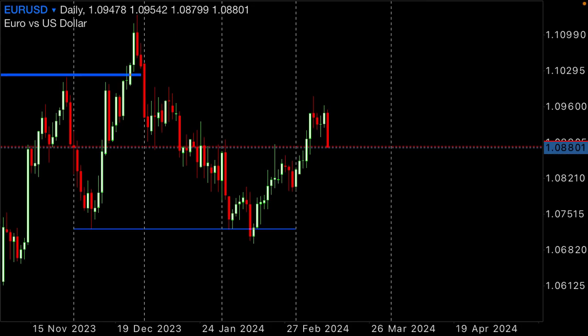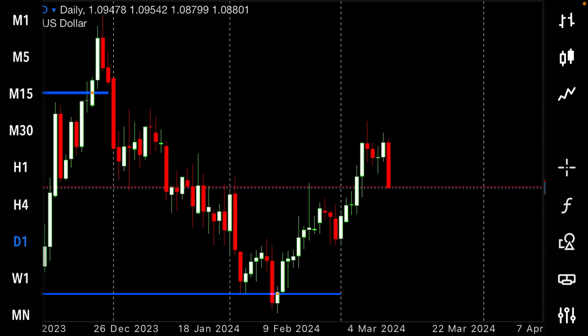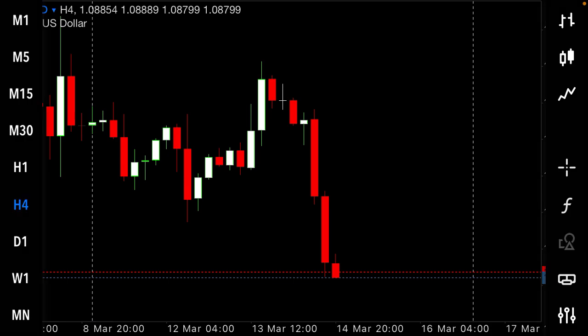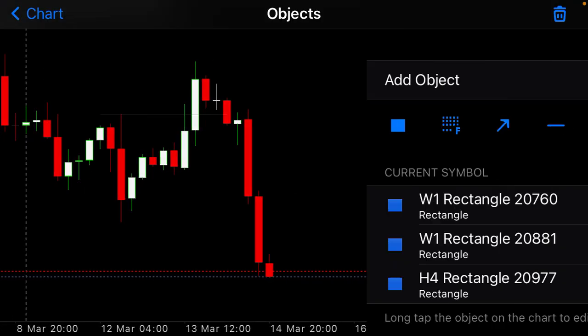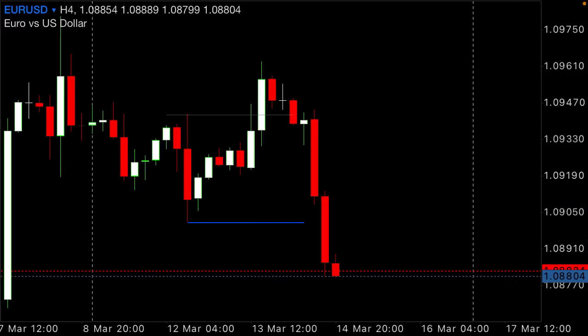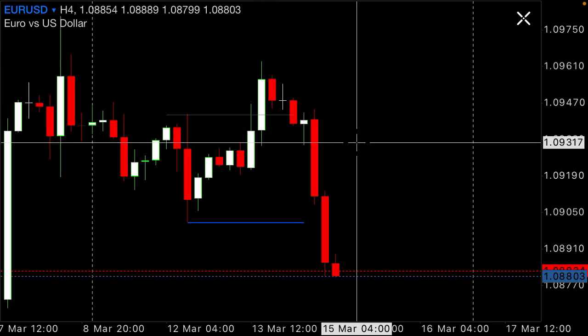So what I want to bring your attention to is the 4-hour time frame, and notice how we have a move above this high and a move below this low. So we swept this high. What is a sweep of liquidity?